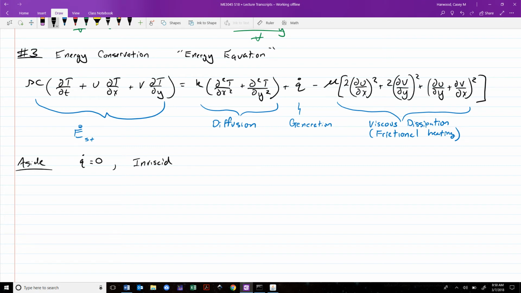Often water can be approximated as an inviscid fluid. Alternatively, we could say it's a viscous fluid, but if we have no velocity gradients, that is, it's a uniform flow, or a flow that does not have a net amount of curl in it, then all the spatial gradients of velocity will disappear. So either inviscid or shear free flow allows us to get rid of this second term, and you can get rid of the Q dot term.